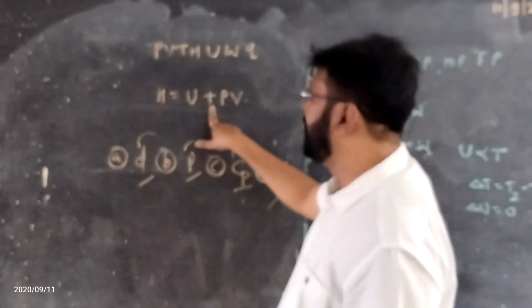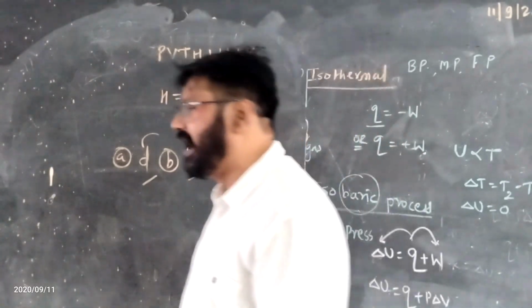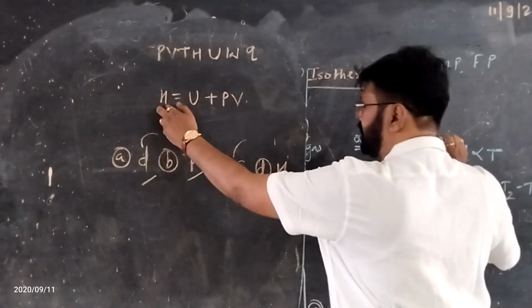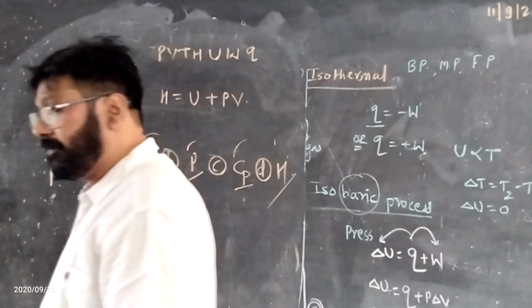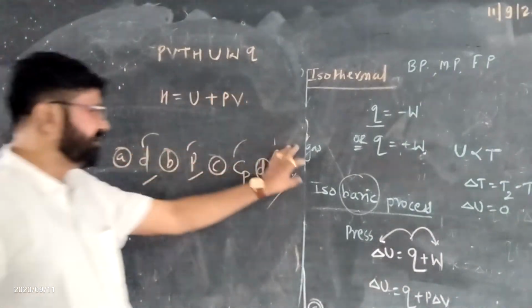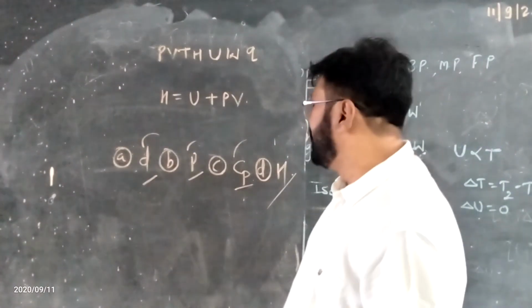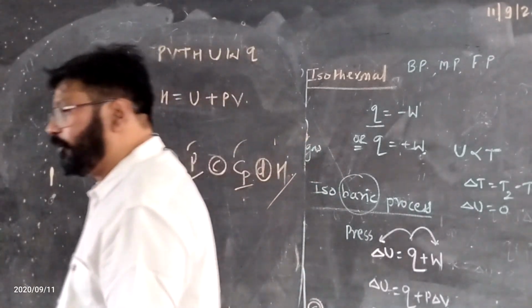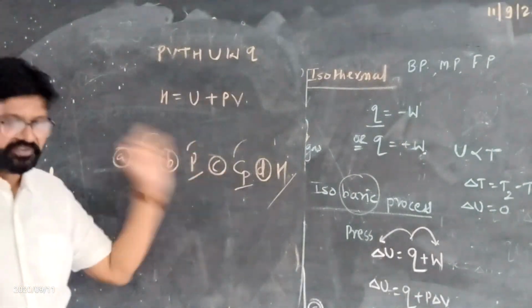In enthalpy two signs are used, addition and multiplication, therefore enthalpy is an extensive property. An MCQ may arise, which of the following is an extensive property? Answer is enthalpy. Which of the following is not an intensive property? That is enthalpy. Which of the following are intensive properties? Options A, B and C.